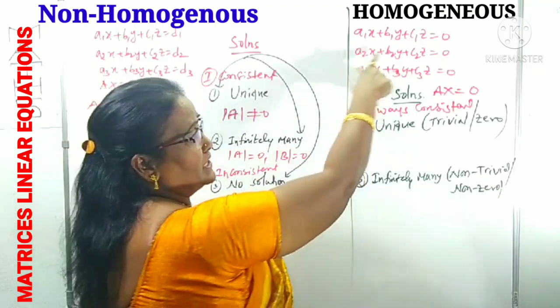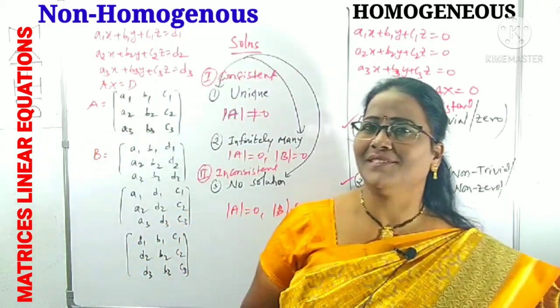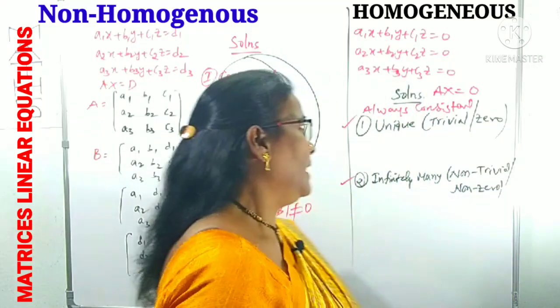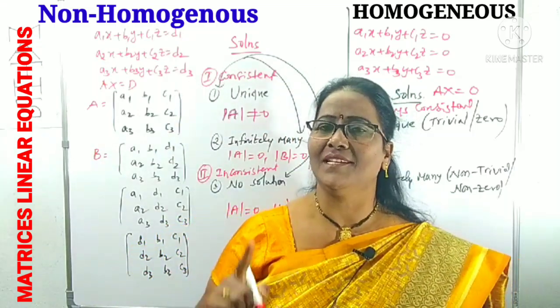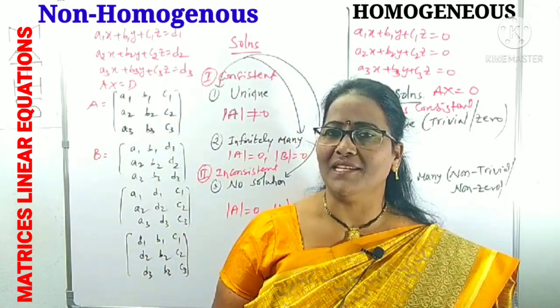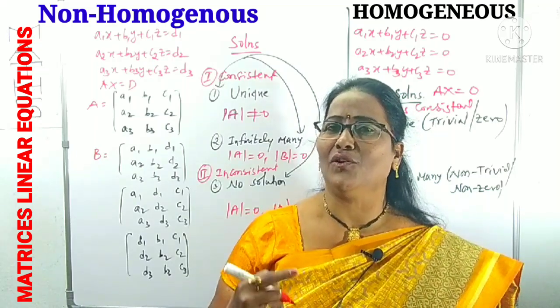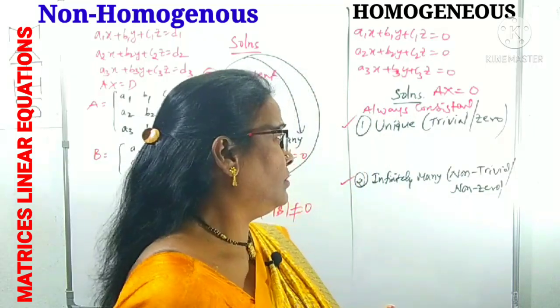How do you recognize that the system is homogeneous? Yes, all constants must be zeros. Now, how many types of solutions does it have? Only two types: unique solution as well as infinitely many solutions, and the system is always consistent. And here is one more point.